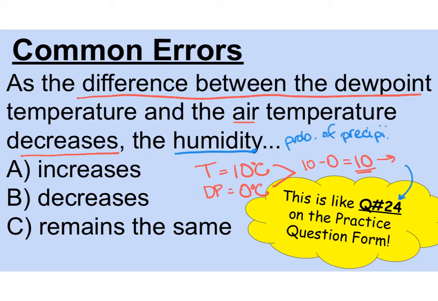So let's say we want to change that difference so that it's 5. Now, if we keep the temperature at 10 degrees Celsius, the dew point temperature is going to have to be 5. Then that difference is going to be 5 degrees Celsius. So I've decreased my difference.